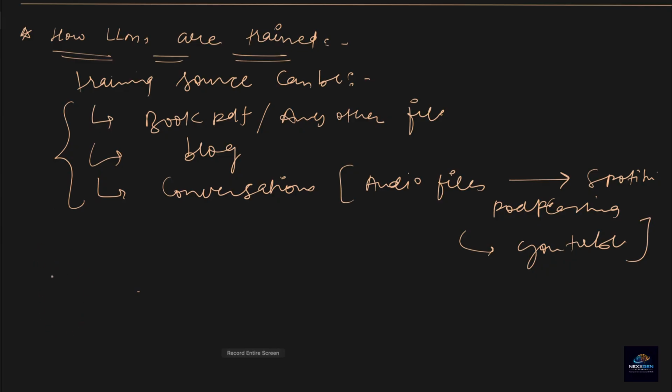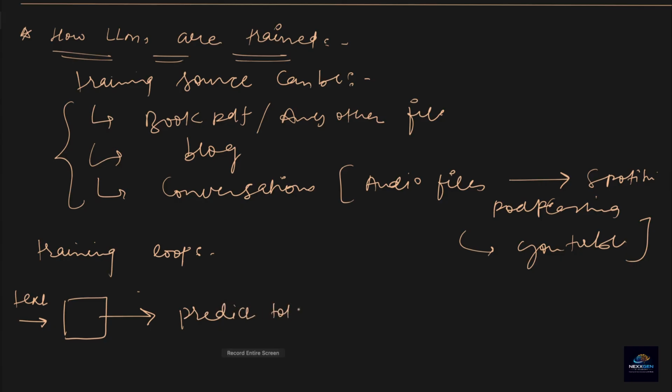So the fundamental training loop would look like this. First you give the text, and it will predict a token, assigning some probability or score to it.